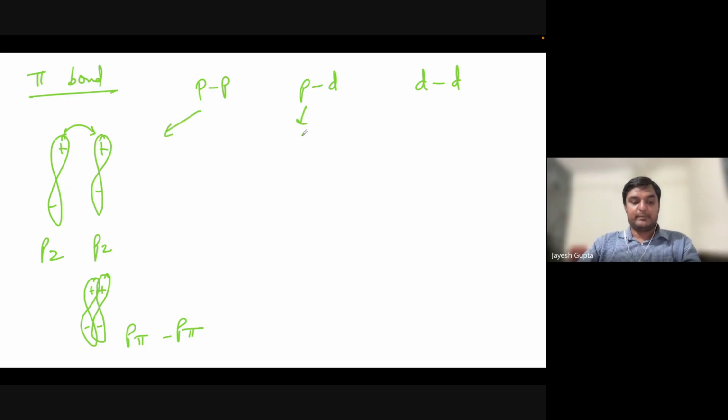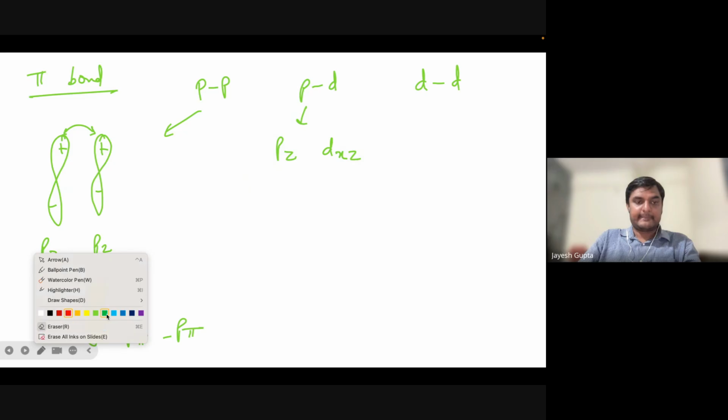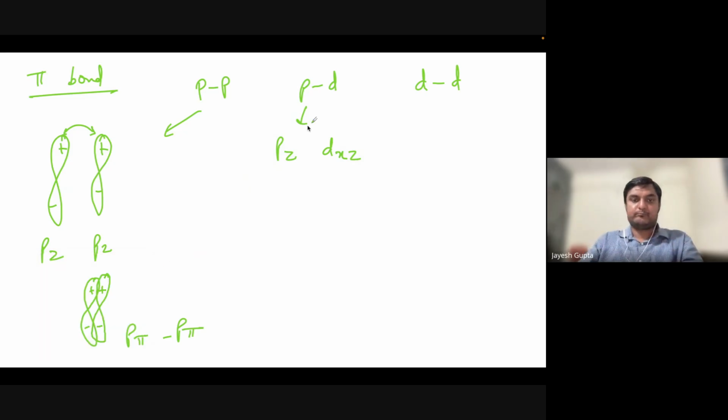Okay, so let me give one example of PD. So this was PP, now PD. For P, I'm taking pz, and for D, I'm taking dxz. So pz will look like this, and dxz is in the XZ direction like this, and the lobes are present between X and Z direction.